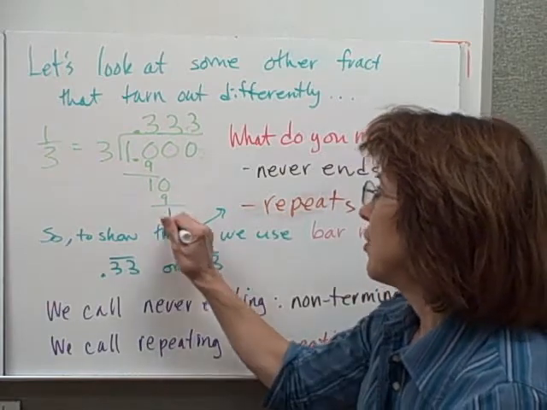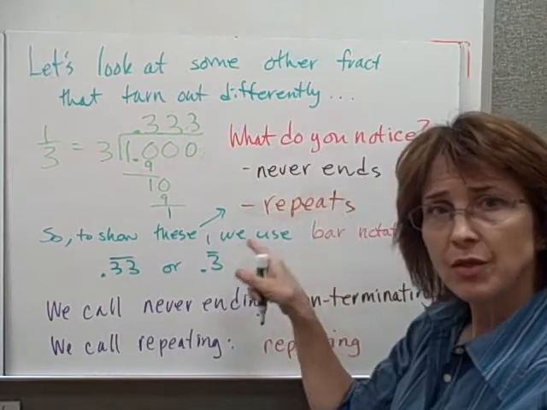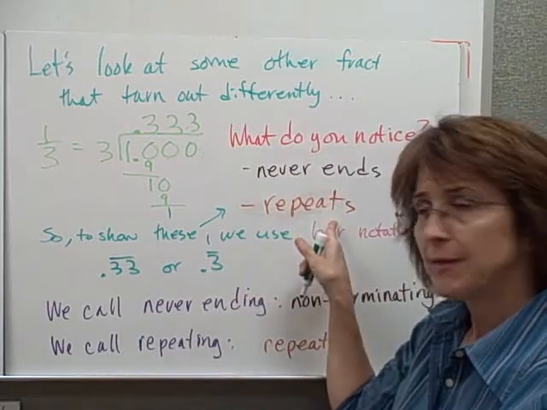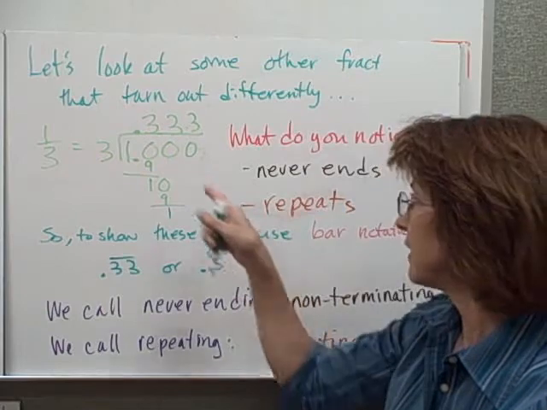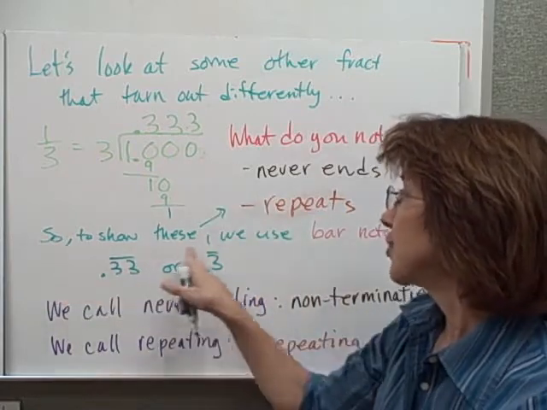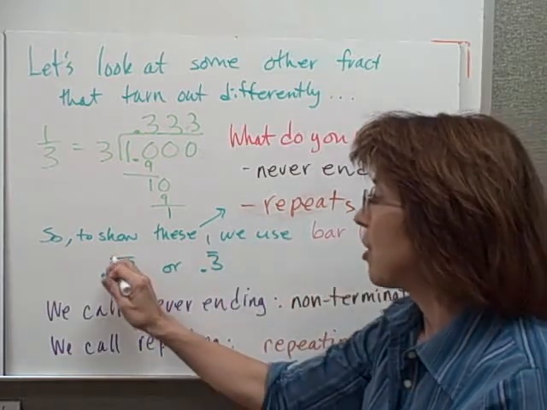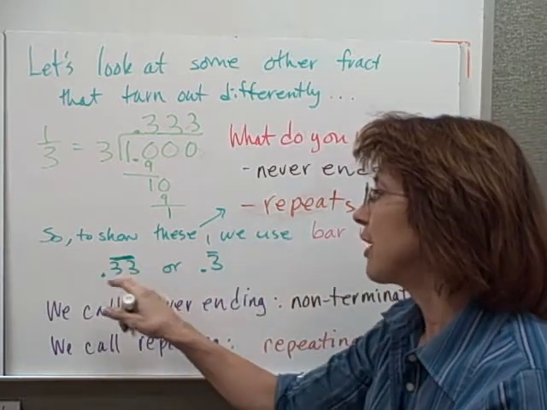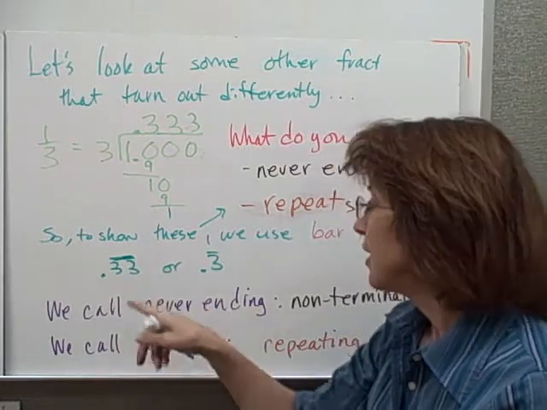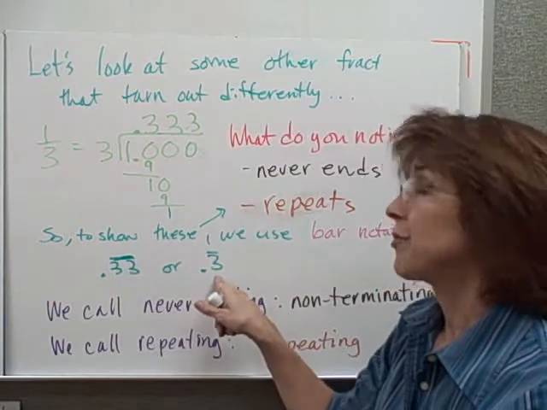There's no end. Well, so what do you notice? We notice that it never ends, but we also notice that it repeats. 3, 3, 3, 3, 3, 3, 3. It's never going to not be 3. Okay, it'll always keep on being 3. So, to show these two things, we use a bar notation. You put the bar over the part of the numbers that repeat. So I could put it over 33, because you could say 33 repeats, or you could just say, well, 3 repeats.